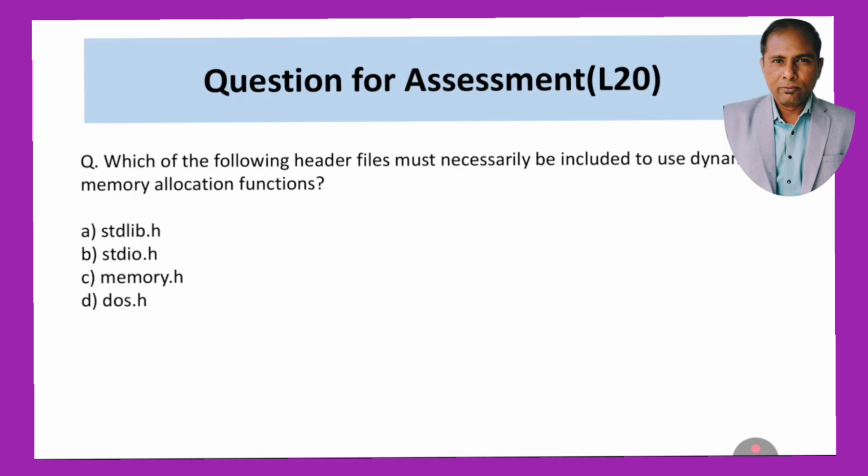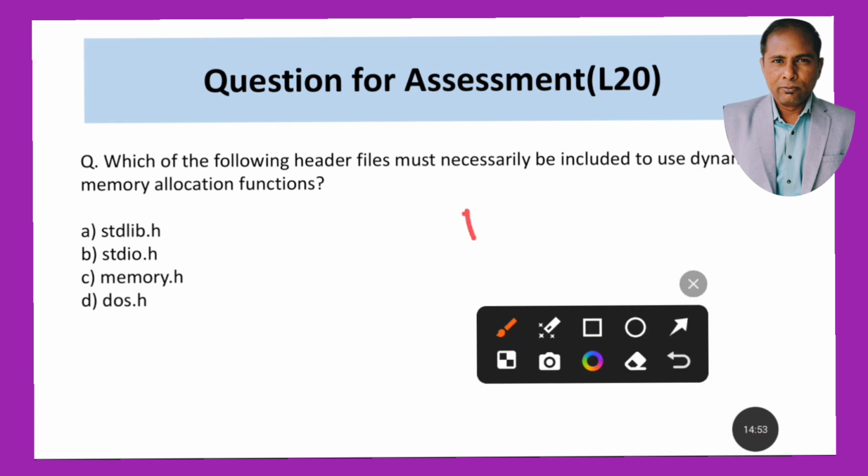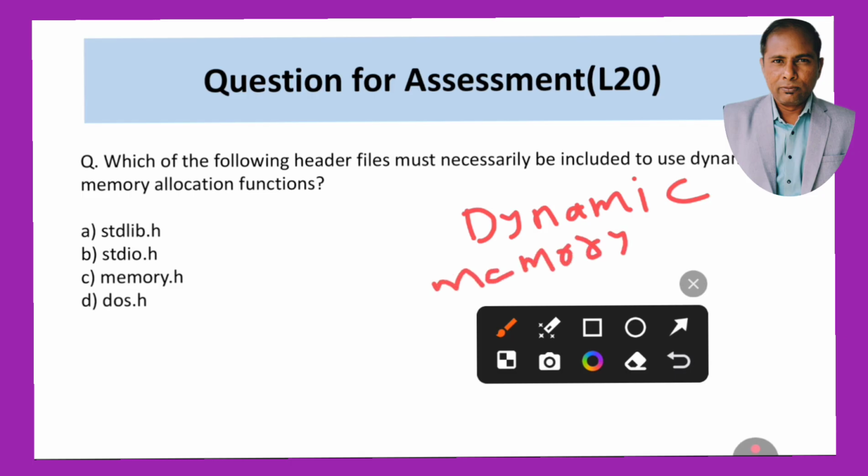So this is all about the dynamic memory allocation topic. What topic have we seen? Dynamic memory allocation. In dynamic memory allocation, we have seen the malloc, calloc, realloc and free functions.